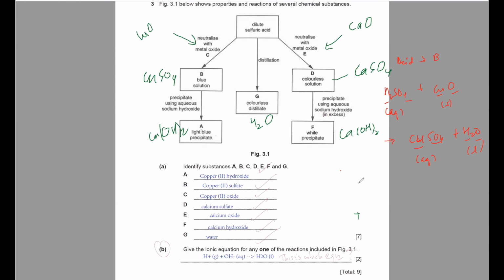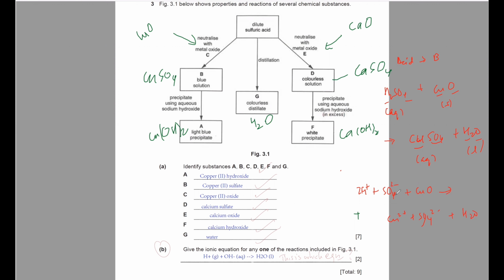Okay, so then you split it into ions, then you will be like this, plus CuO gives you Cu2+ SO4 2- plus water.